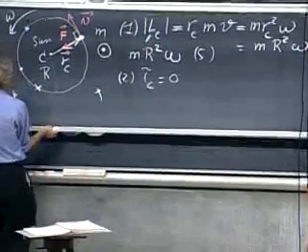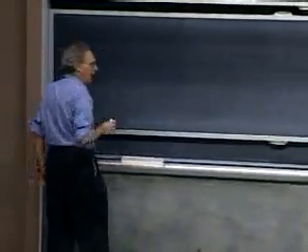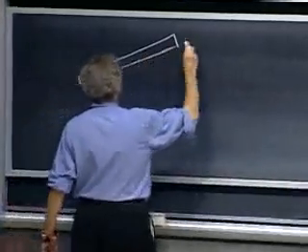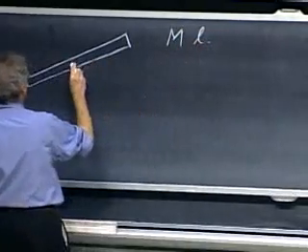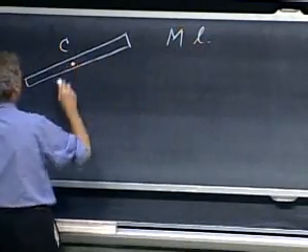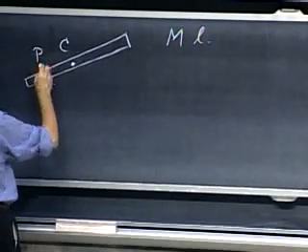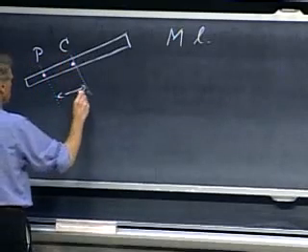Now I take another example, whereby angular momentum is only conserved relative to one point, but not to any other point. I take a ruler or a rod, and the rod has mass m and length L, and C is the center of mass of that rod, but I force it to spin about point P, and this distance is d.